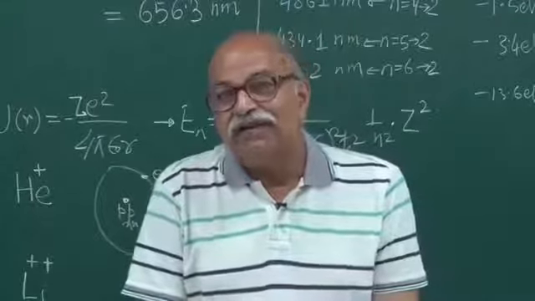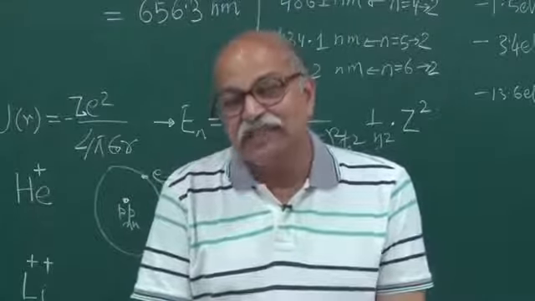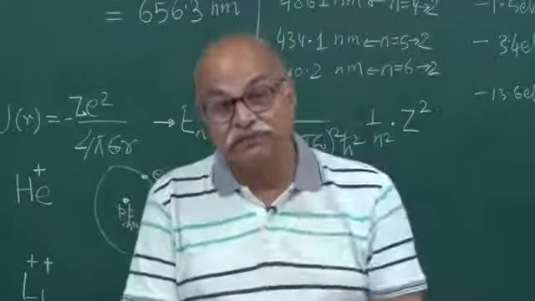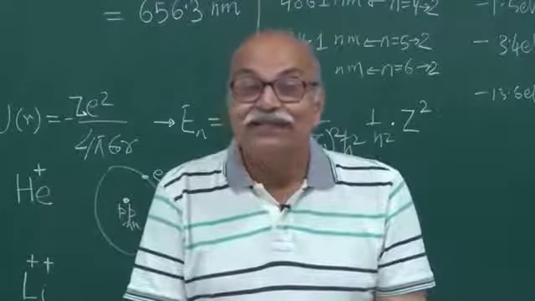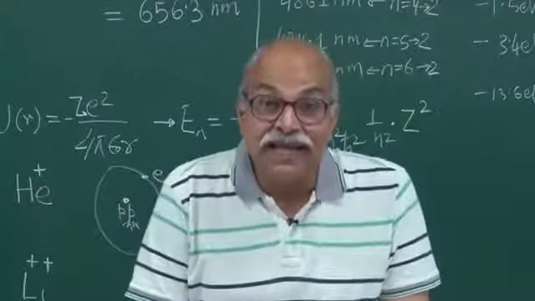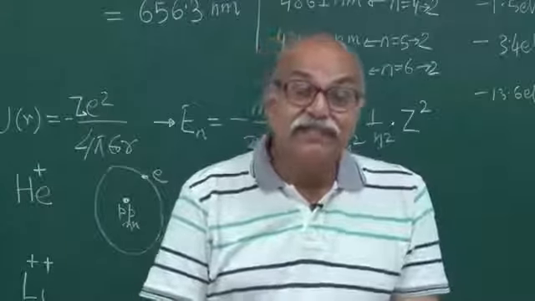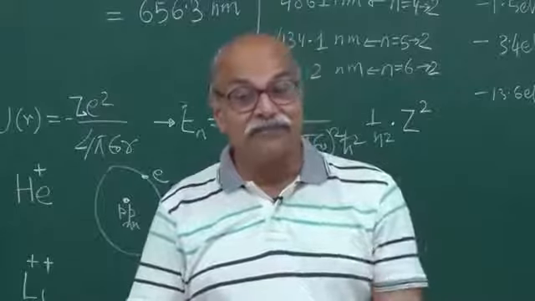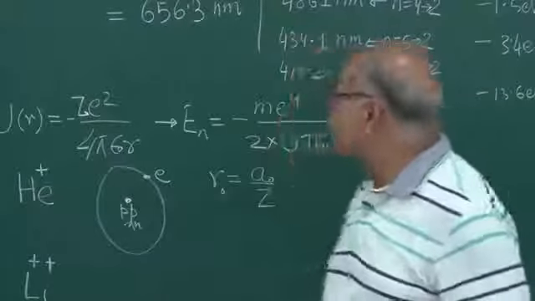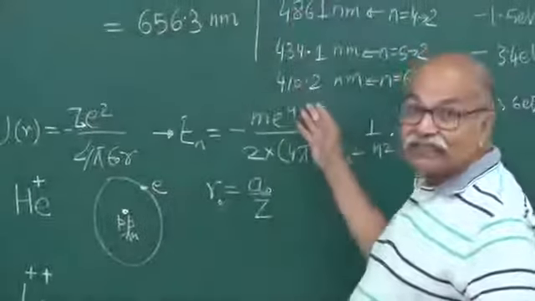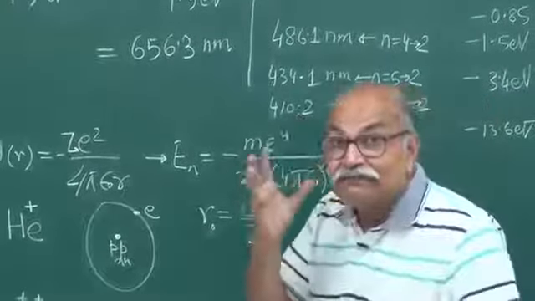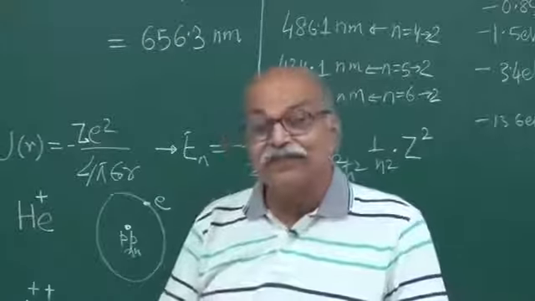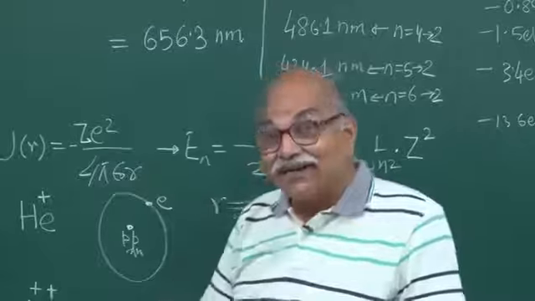The spectral lines, the radiation emitted by helium atoms in a helium discharge tube, those wavelengths are not obtained nicely using these circular orbits. So there are problems even for the hydrogen atom. If you go with a much more sensitive instrument, which we can do now, we find that there are deviations.